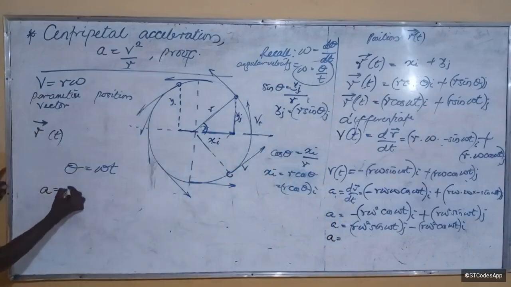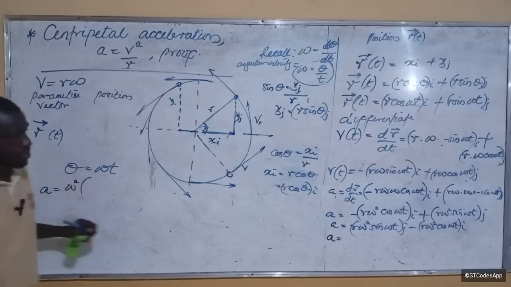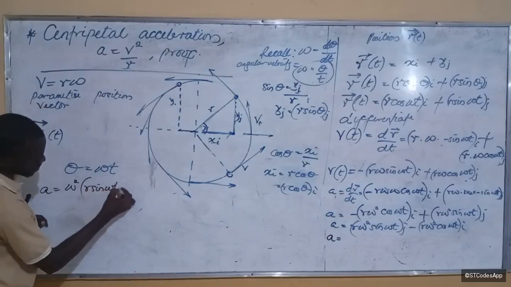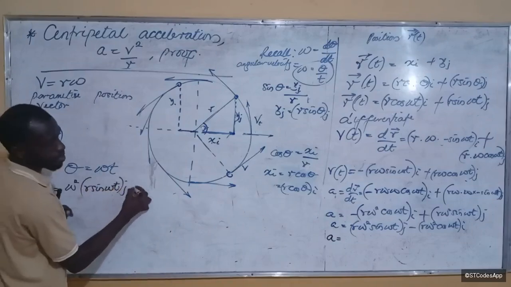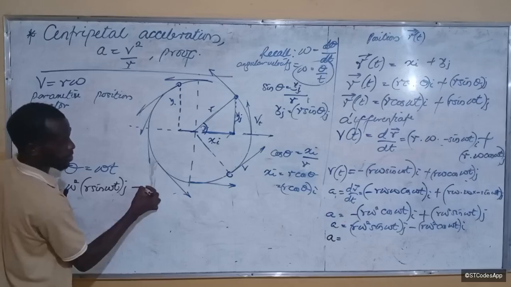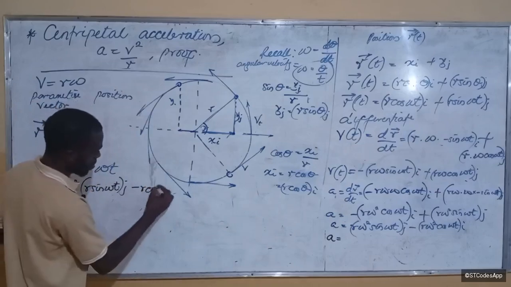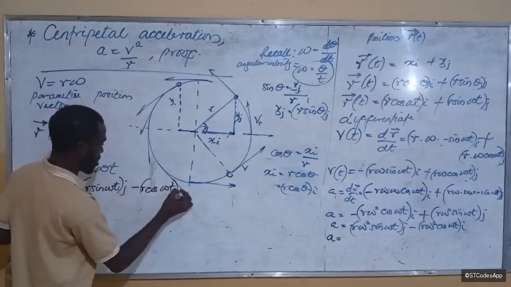A becomes omega squared times r sine omega t j minus, if you remove omega squared, r cos omega t I.